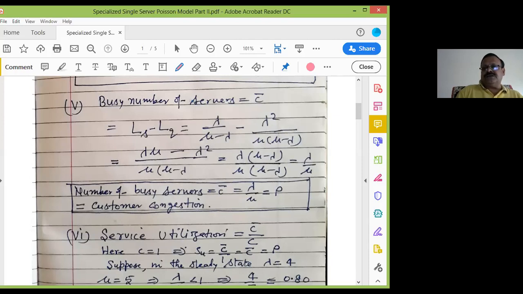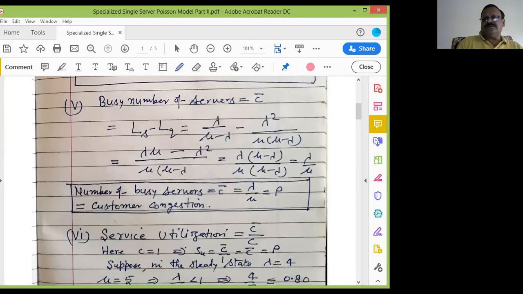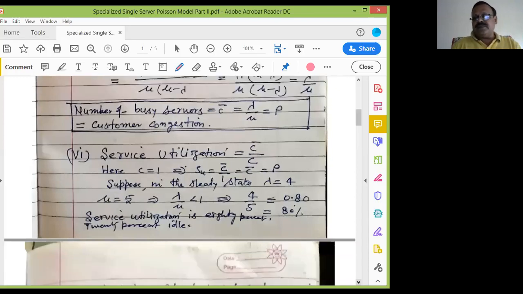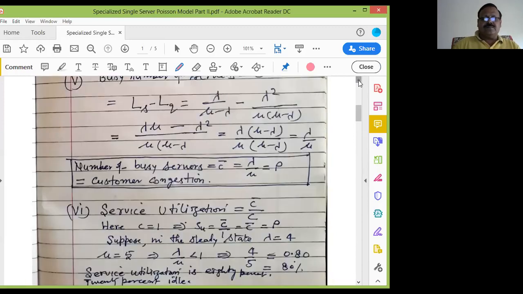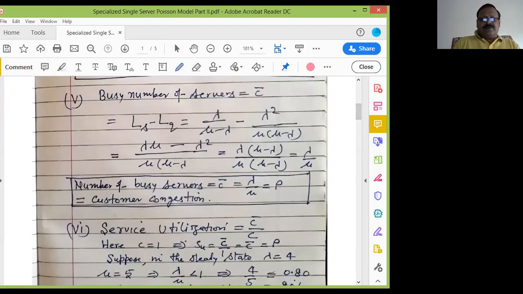When we talk about the busy servers, look here: Ls minus Lq.